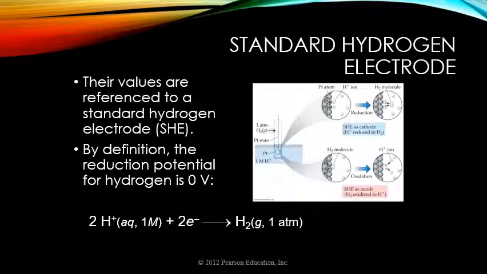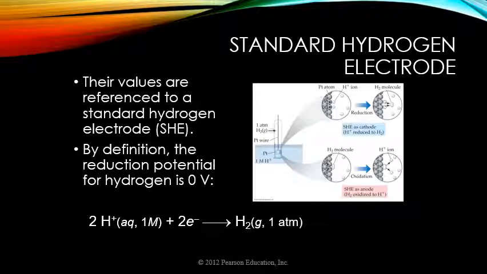The values that we saw on the standard reduction potential table, those values are referenced to a standard hydrogen electrode, SHE. By definition, we have set the hydrogen electrode to have a reduction potential equal to 0 volts. So we'd have a half reaction, 2 H pluses plus 2 electrons, again aqueous for the solution and 1 molar for that standard concentration, forming H2 gas, which would be at 1 atmosphere of pressure.